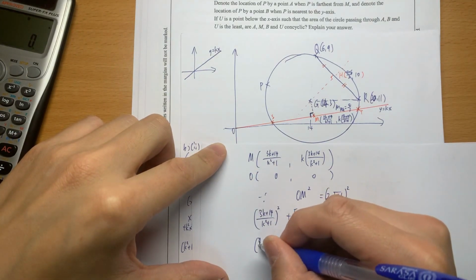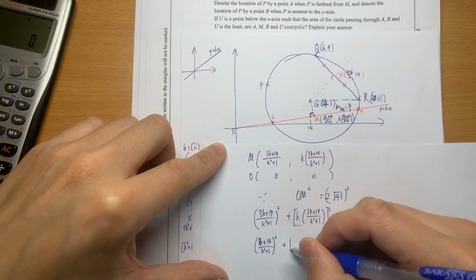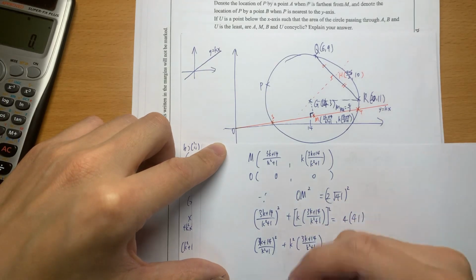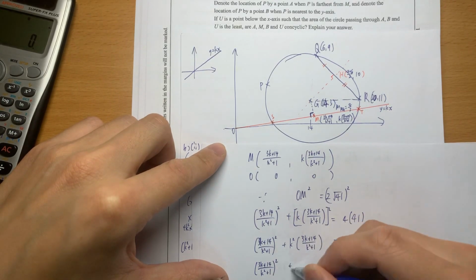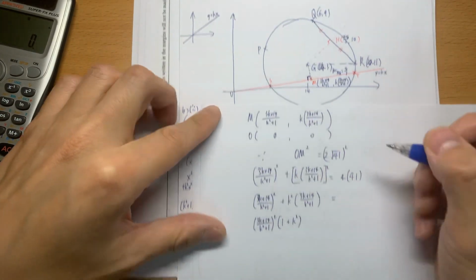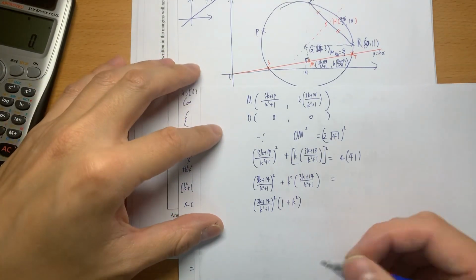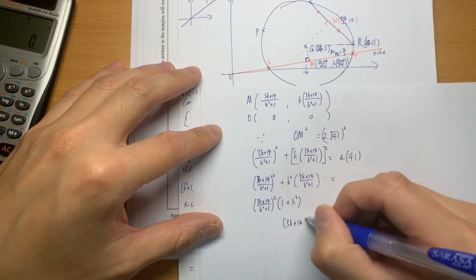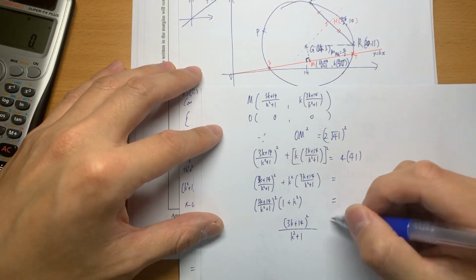Because this part is the same, I keep it like this first, and then plus k squared. So extract the same thing, (3k plus 14) over (k squared plus 1), and then this is 1 plus k squared. You'll find that 1 plus k squared and the denominator are very similar, so we simplify it. (3k plus 14) squared is left, but the denominator cancels out one bracket, leaving only k squared plus 1.